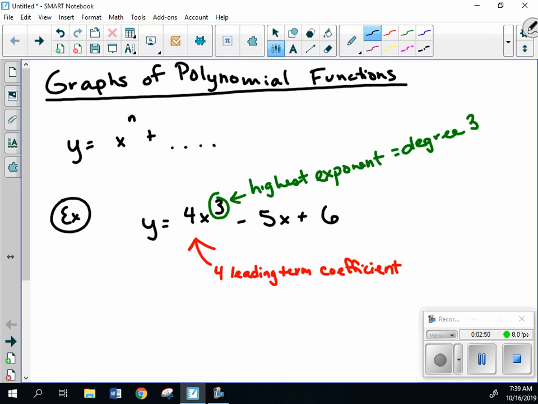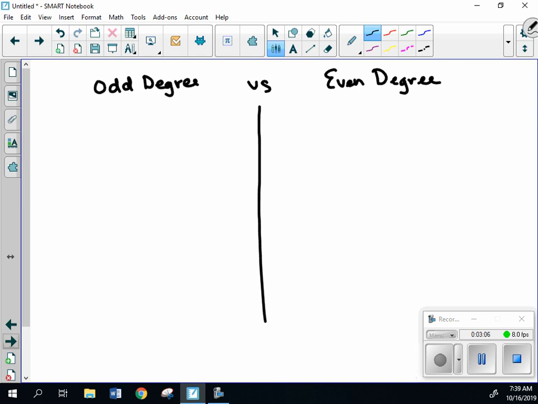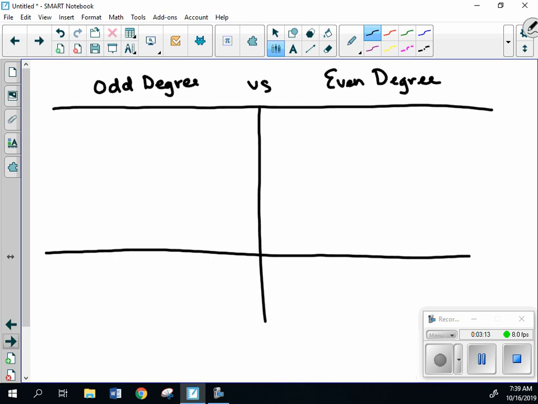When we are looking at the graphs of polynomials, we have two different situations. We have an odd degree versus an even degree. Within that, there are two different characteristics.